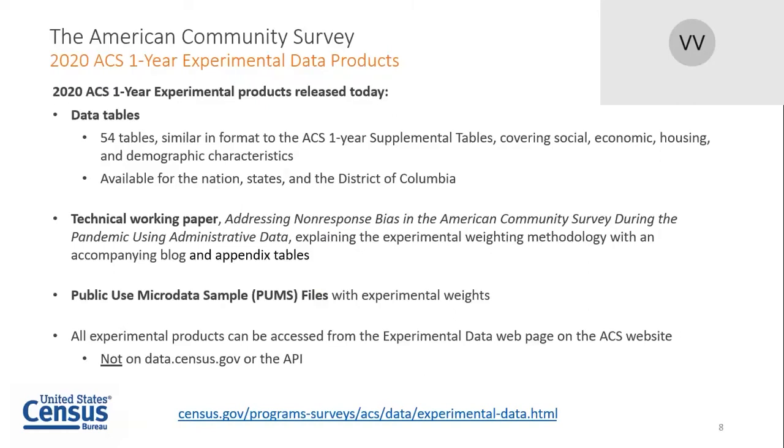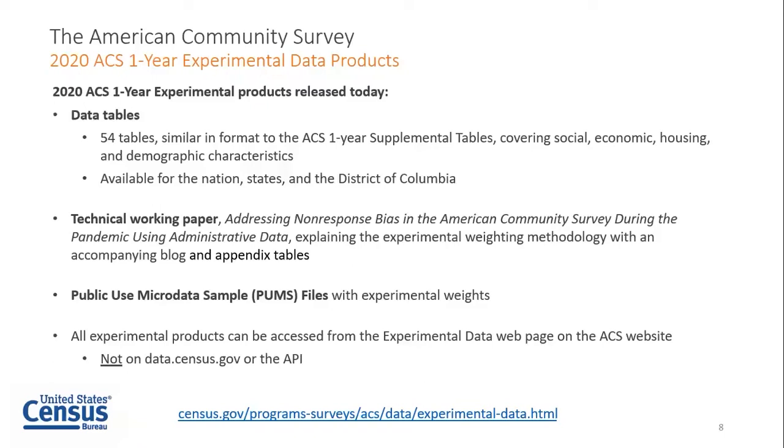A technical working paper detailing the methodology for the experimental weights was also released today, along with a corresponding blog. The estimates were produced using a methodology that was developed last year for the Current Population Survey Annual Social and Economic Supplement.